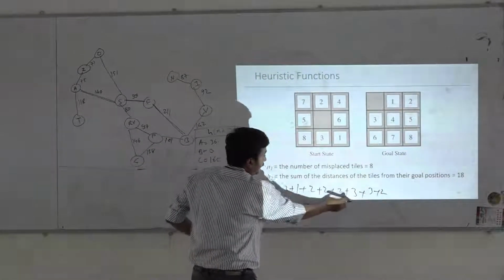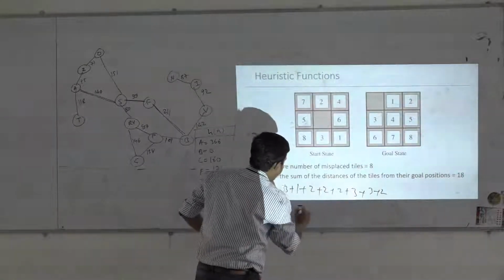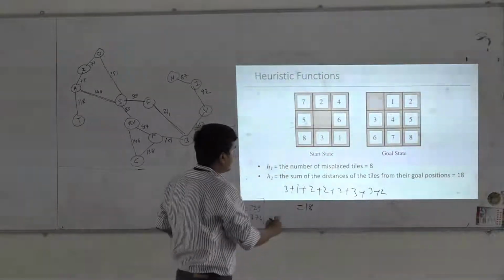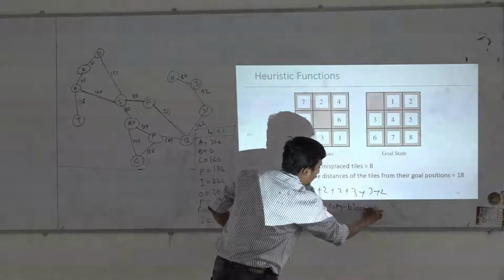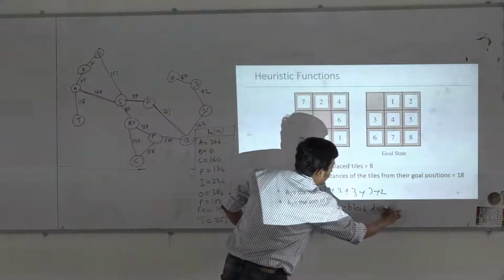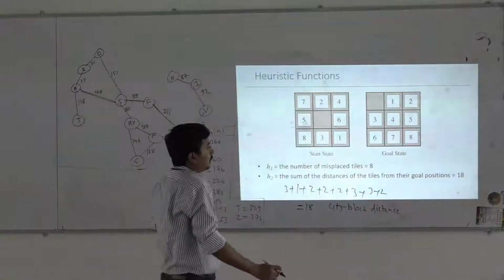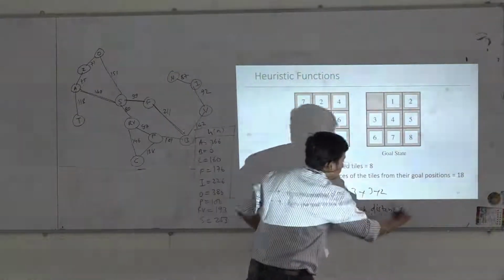That gives 4, 8, 16, 18. Actually this distance is known as city block distance, or Manhattan distance.